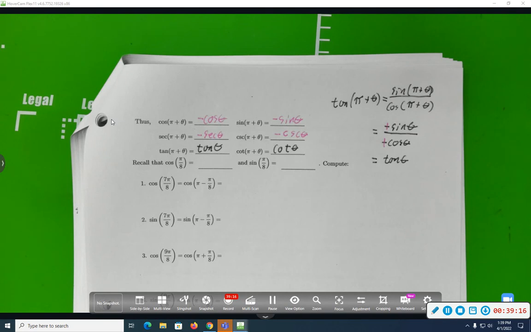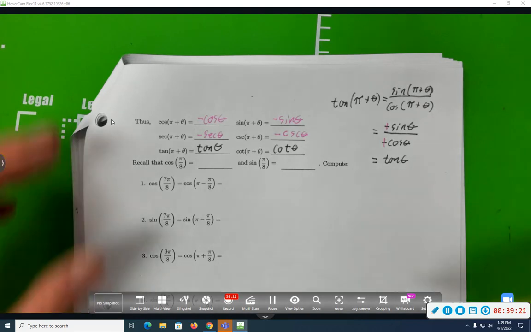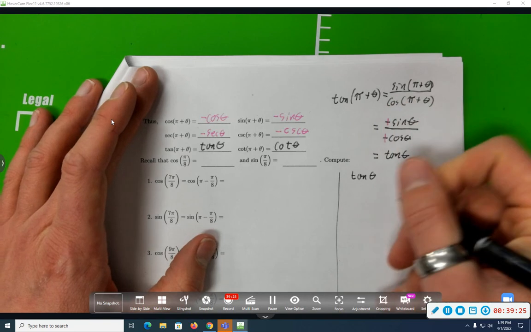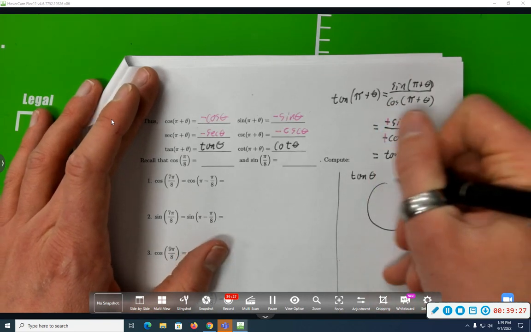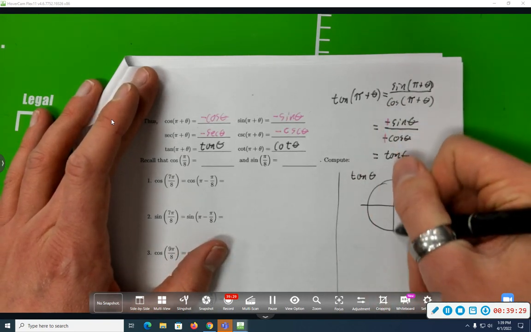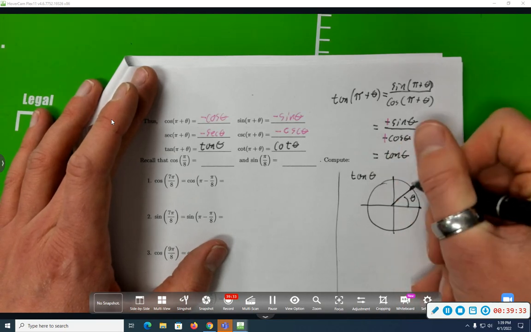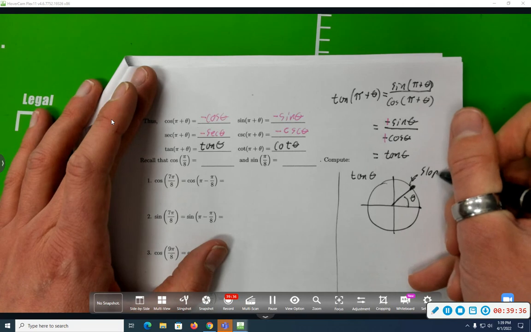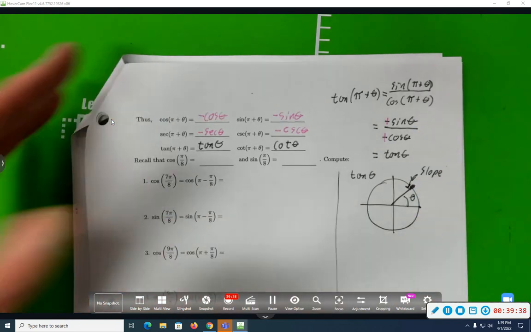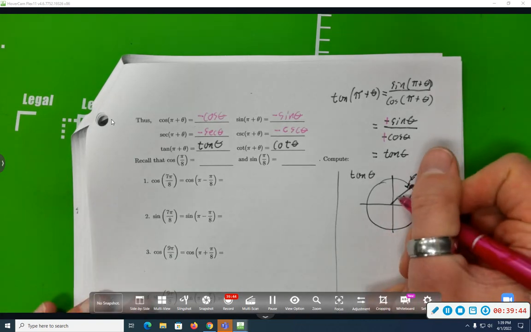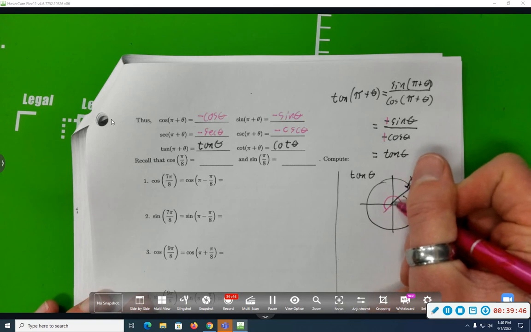So tangent is supposed to be the slope of a line, right? So if you want tangent theta, you rotate forward by theta, and then you just recover the slope. All right, remember saying that? So pi plus theta is going to give us this angle.